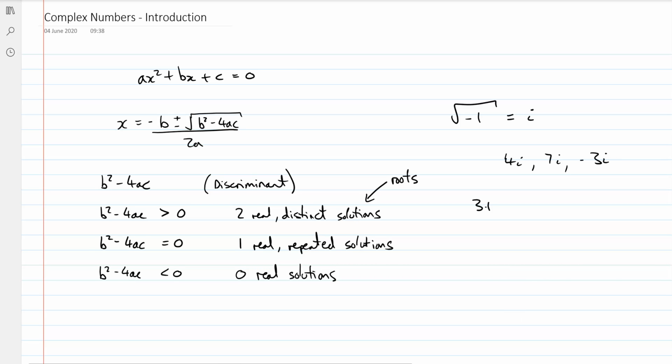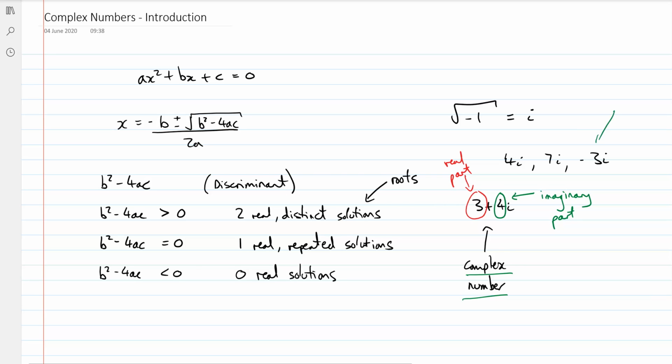And if we've got a real part as well, like this, then we call this a complex number. So a complex number has two parts. It has what we call the real part, which we're going to highlight in red, and it also has an imaginary part, which is in green. Together they make this complex number.